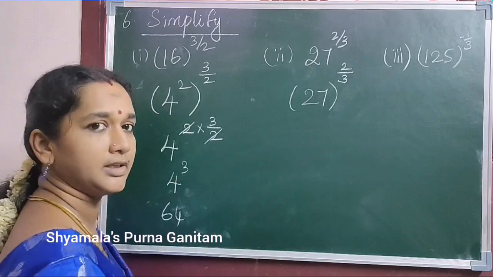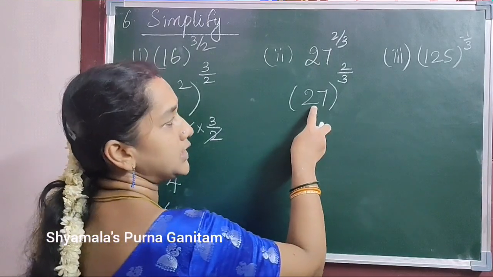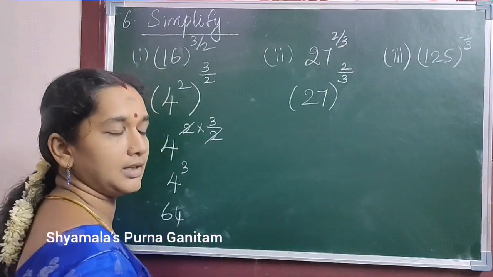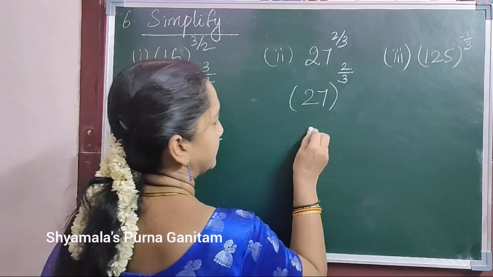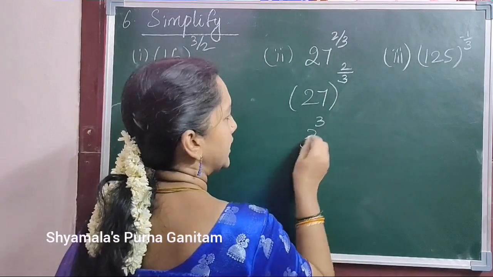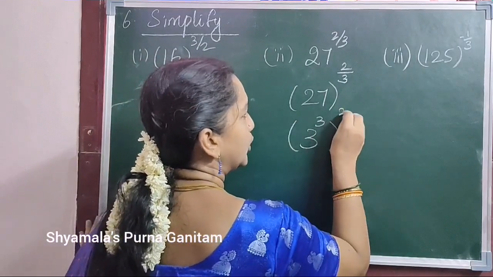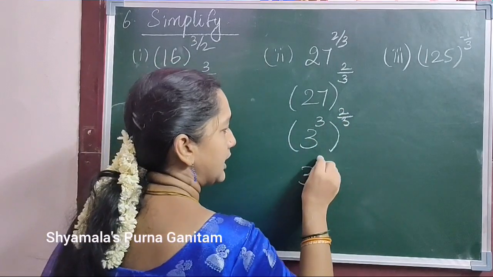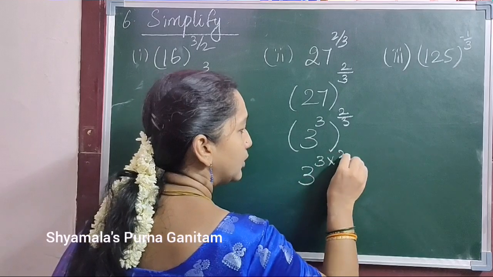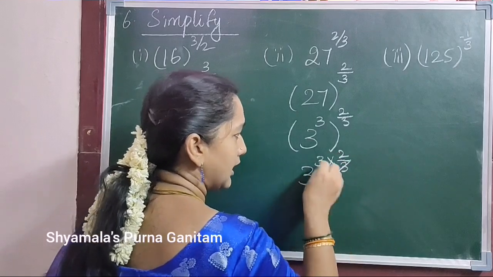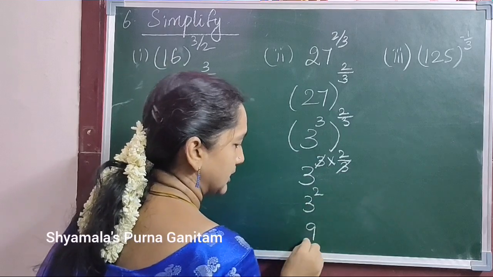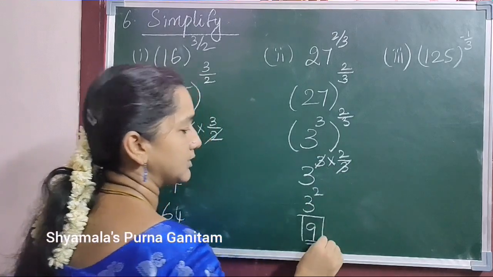If it is possible, we can try that. So this one is 27. 27 you can write it as 3 power 3. 3 3s are 9, 9 3s are 27. So 3 power 3 whole power 2 by 3. So when you multiply the powers, 3 power 3 into 2 by 3. So this 3 and this 3 will get cancelled. 3 power 2 is 9 is the answer. 3 3s are 9. 9 is the answer.